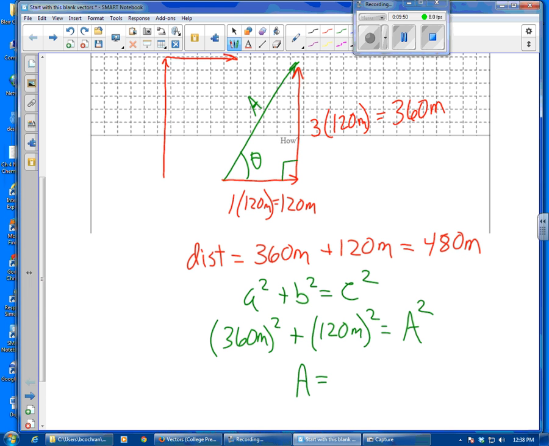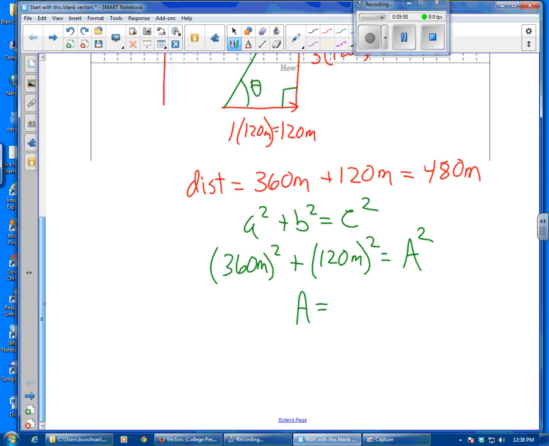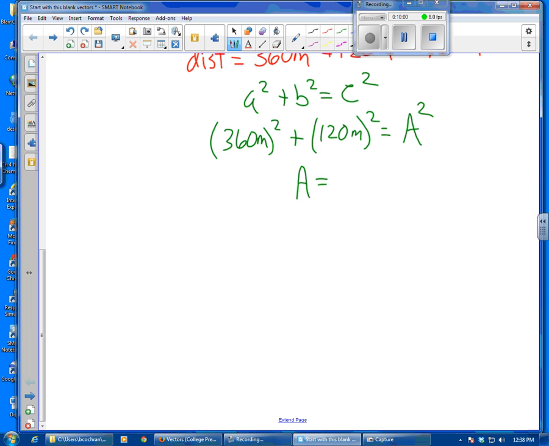So, TOA. Tan of theta is opposite over adjacent. My opposite is 360, so tan of theta is 360 meters over adjacent. In my case, it's 120 meters.